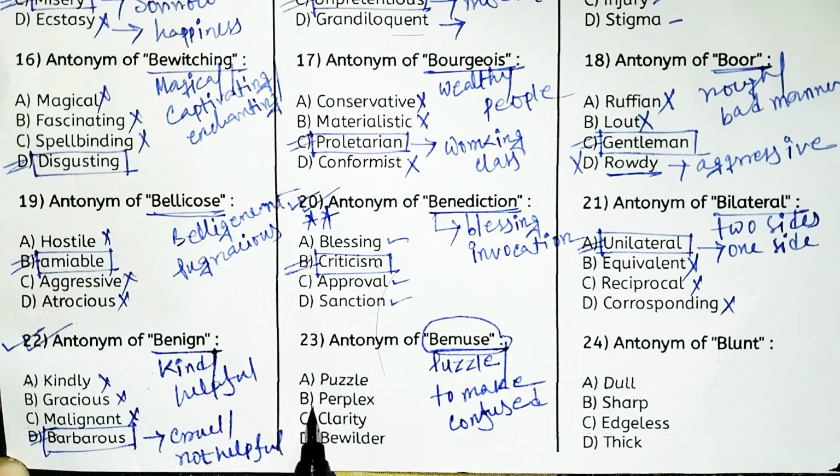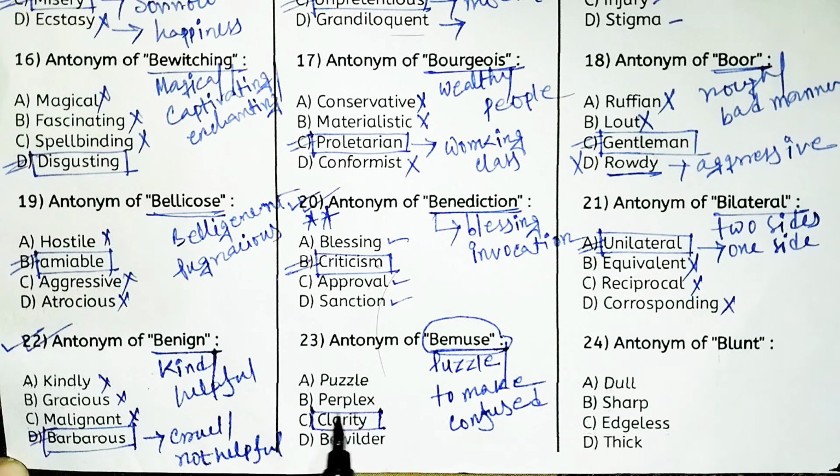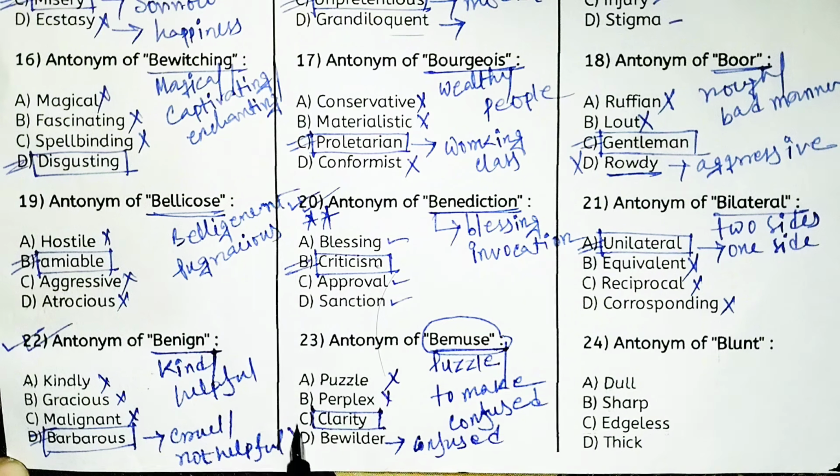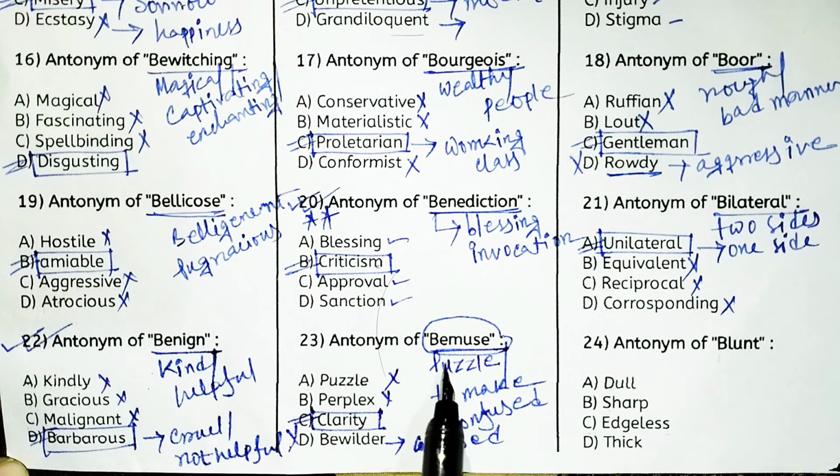That is option C, clarity. Yes, clarity. Puzzle, perplex and bewildered are the synonyms of bemuse. Bewildered suggests to make someone confused. So options A, B, D should be eliminated. So option C, clarity, is the antonym of bemuse.